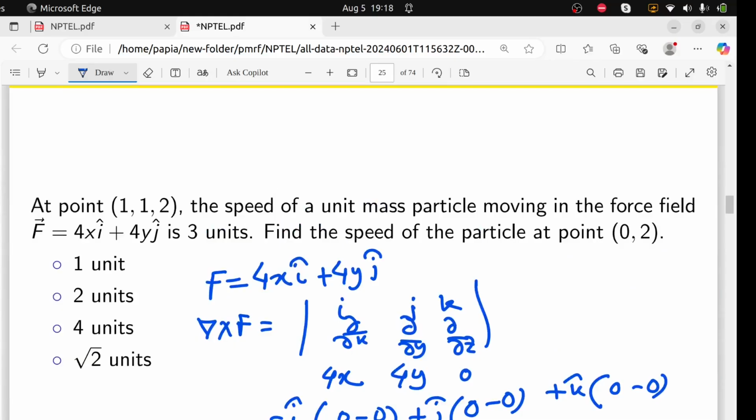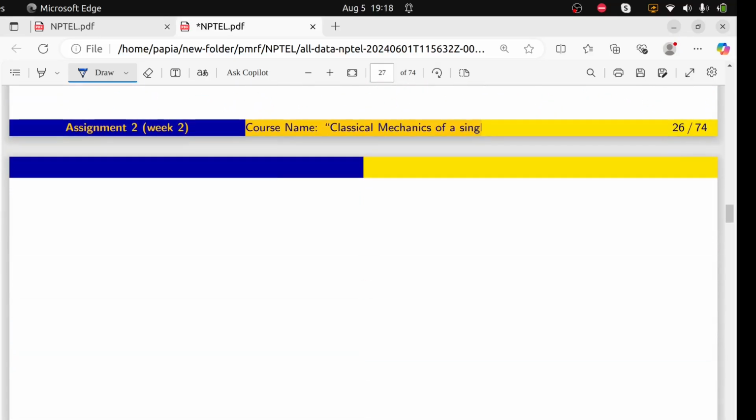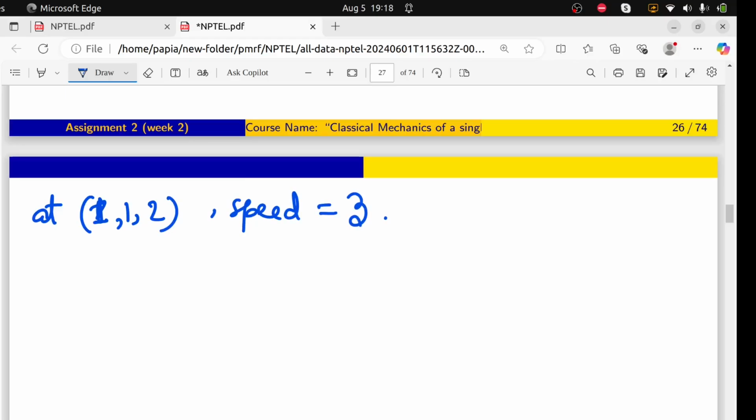Now, the speed of the unit mass particle moving in the force field is 3 units at 1, 1, 2. So at 1, 1, 2, speed is 3 and our V is minus 2 times x squared plus y squared.